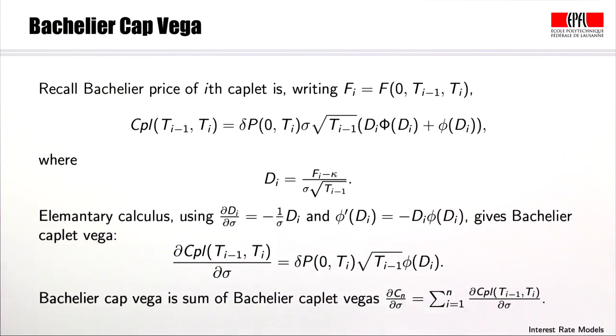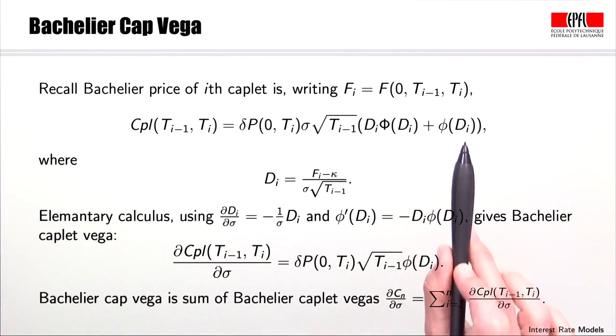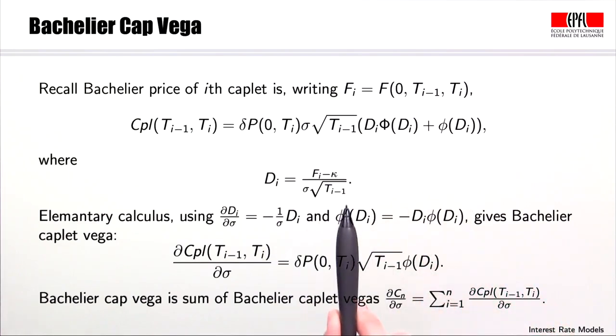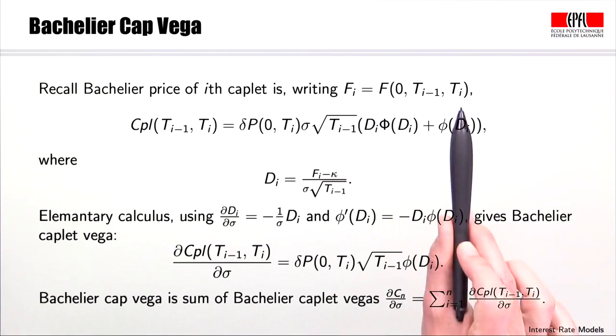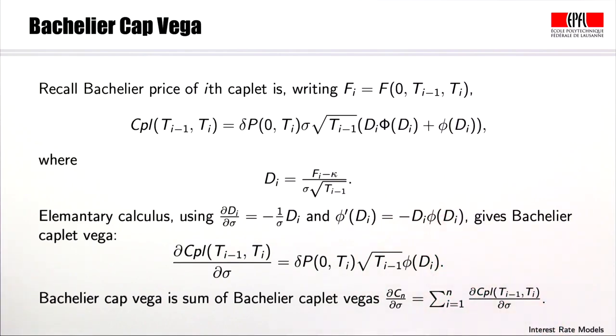Similarly, we recall the Bachelier price formula for the ith caplet shown here, where capital phi is again the standard normal cumulative distribution function, and small phi is the density. The parameter di stands for this, where fi is shorthand for the forward rate.